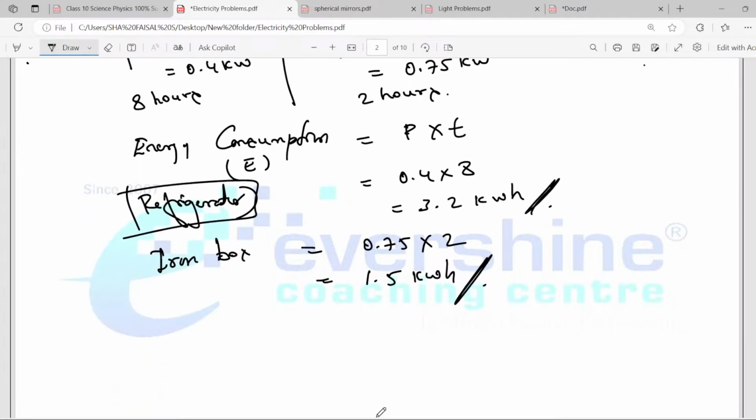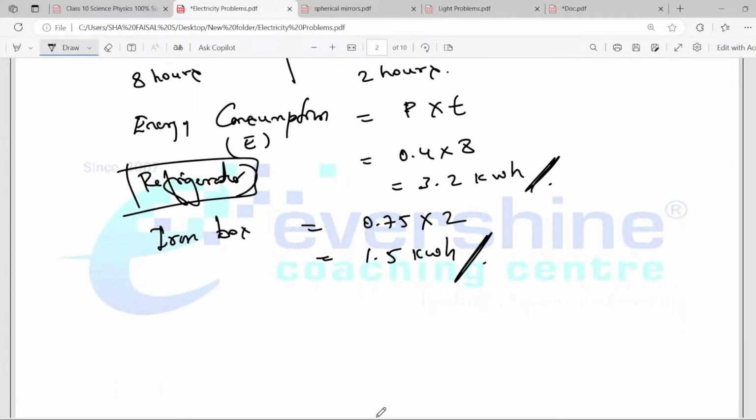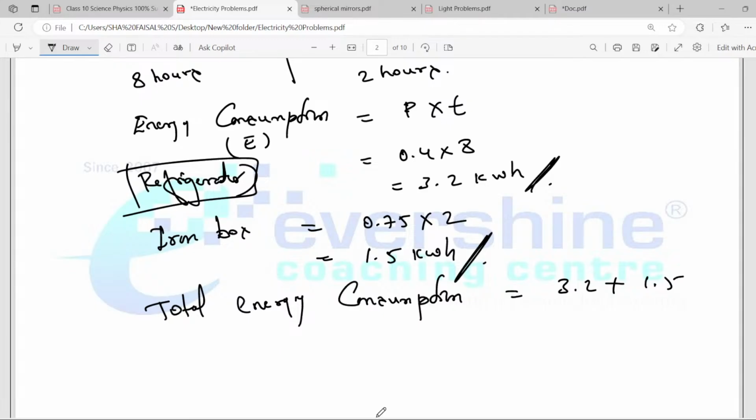So we have got energy consumption per day. What is the total energy consumption per day from both the devices? Total energy consumption per day is 3.2 plus 1.5, so 4.7 kilowatt hour.